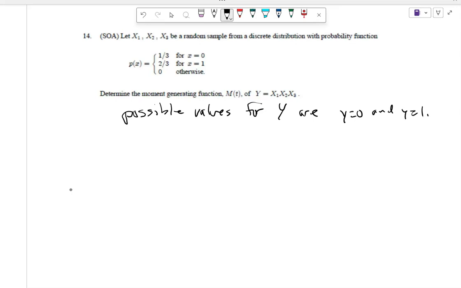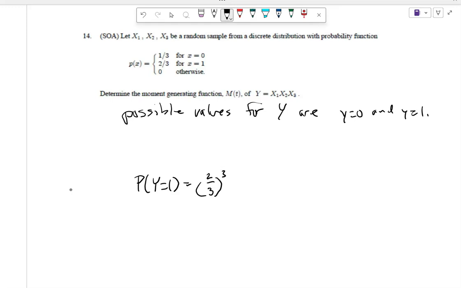Let's ask the easier question. How is y equal to 1? What has to happen to get y equal to 1? All three have to be 1, right? So what is the probability that y equals 1? Yeah, 2/3 cubed.